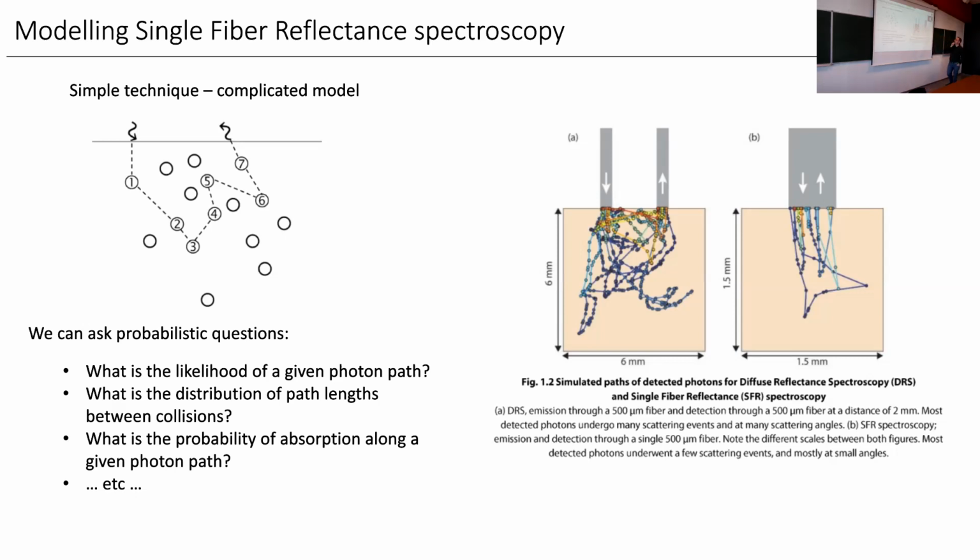If you use a single fiber for both launching and detecting photons, you see a different thing. The trajectories become more line-like, so to say. It's more like they go in and then they experience a backscattering event and come back.